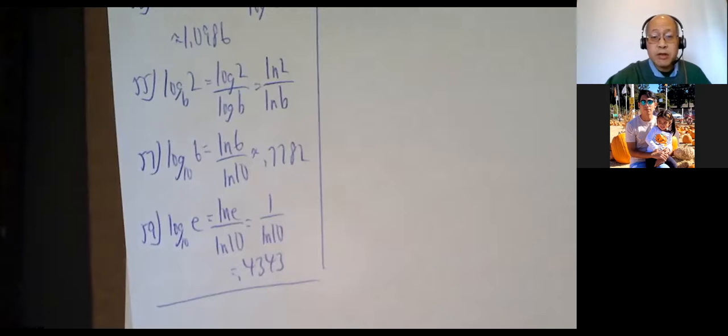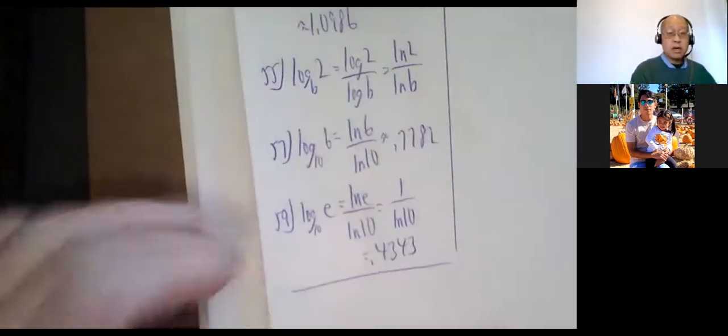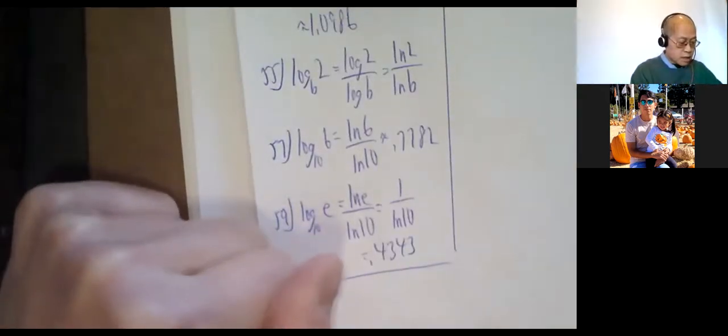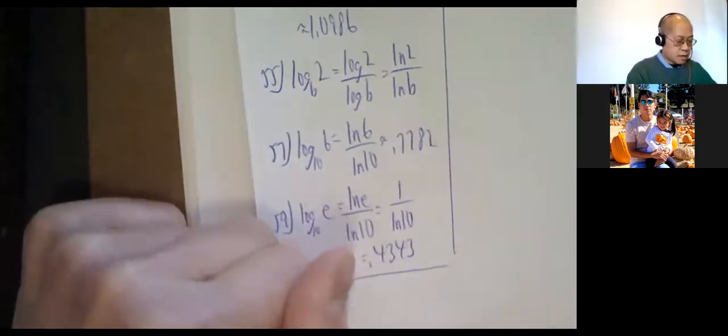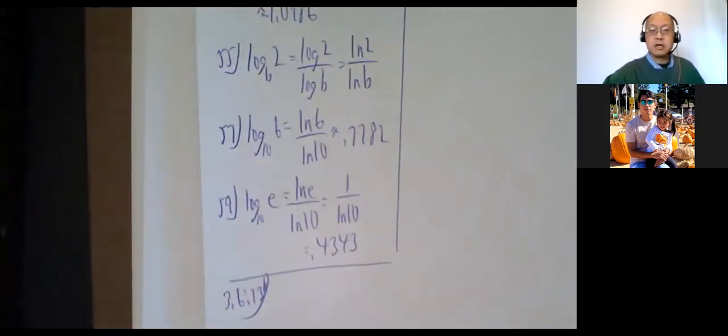Okay, I have a request for 3.6, number 13. So let me take a look at that. 13B, I guess. 3.6, 13B.